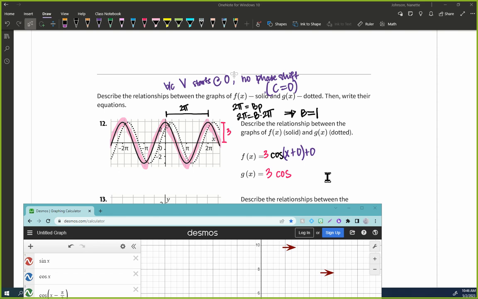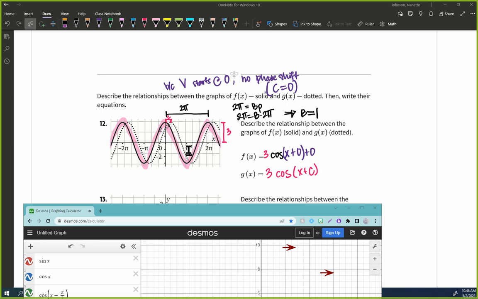I don't know what it is, so I'm just going to write it as x plus c. And c is this distance here, from here to here. Really tiny. Are you comfortable with that? So they're just looking for an explanation of how they're related.